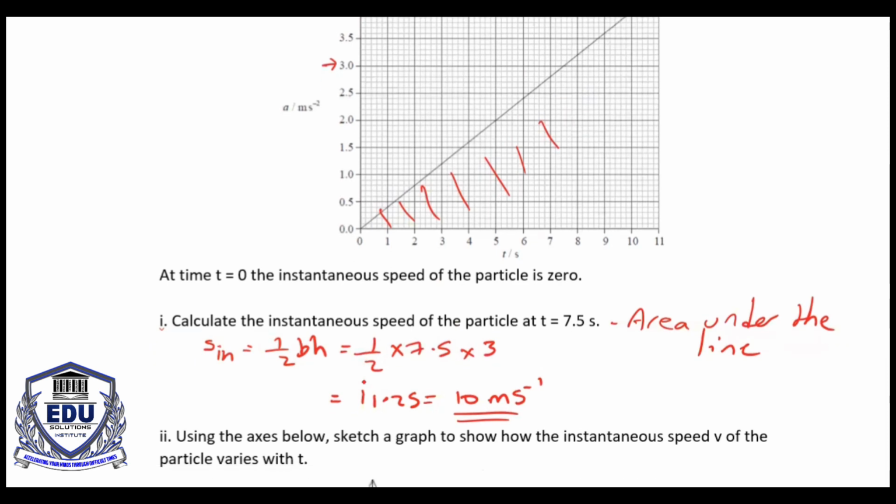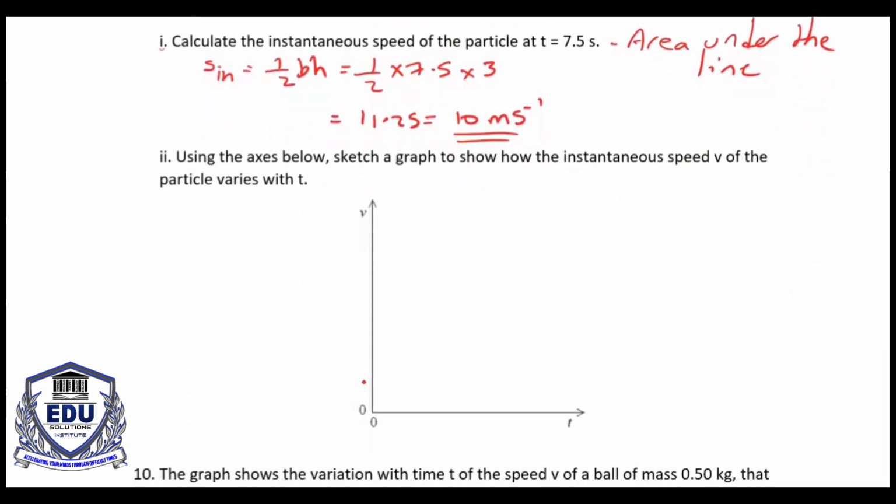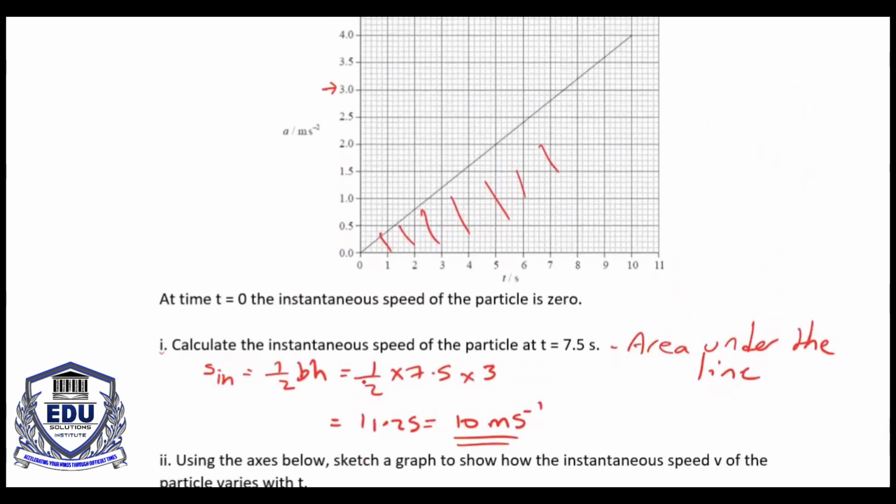All right, let's go with the next part. It says, using your axes, sketch a graph to show how the instantaneous speed of the particle varies with time. Here we note that the acceleration is a constant, or uniform, increase.